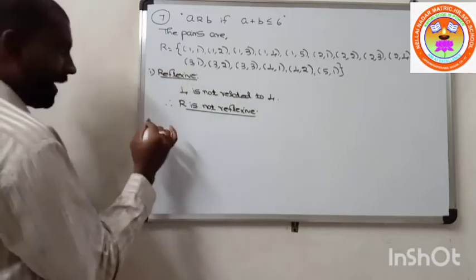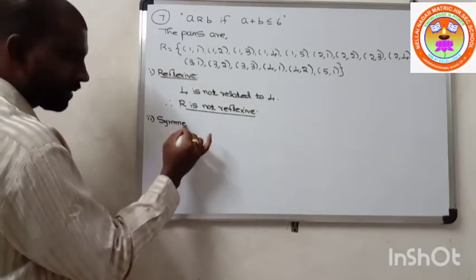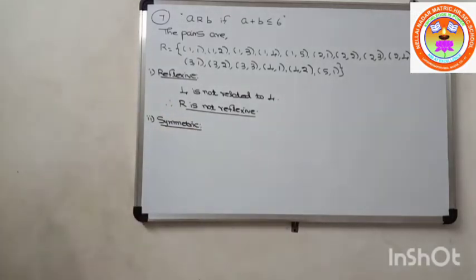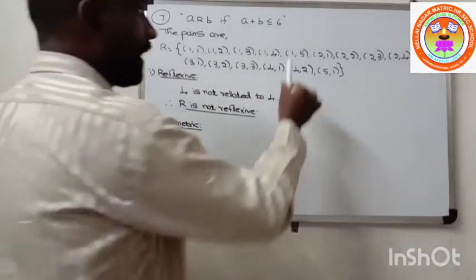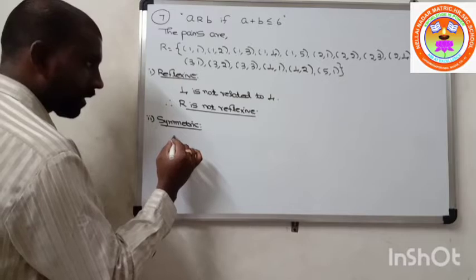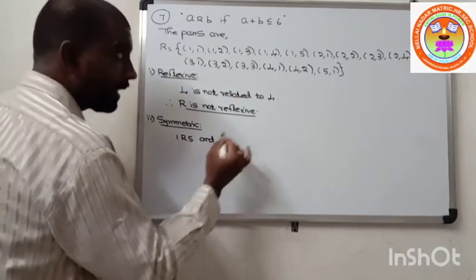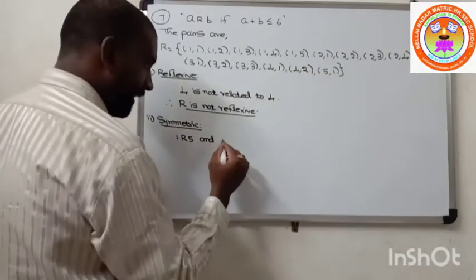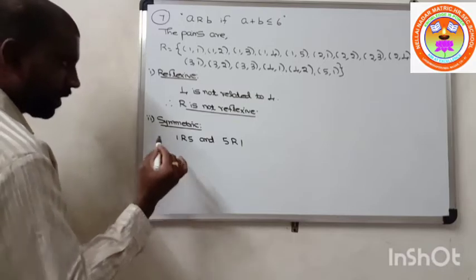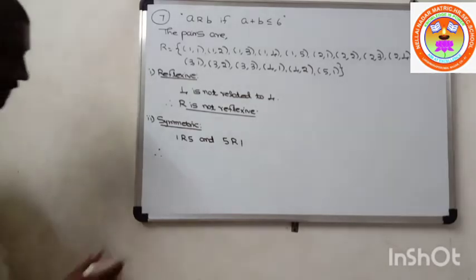Then second one, symmetry. 1 related 5 and 5 related 1. Therefore R is symmetric.